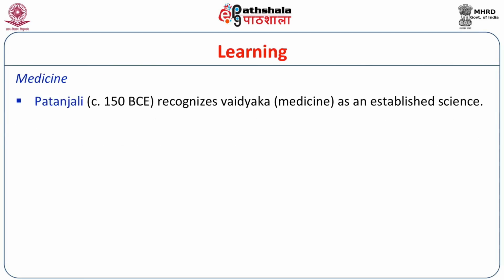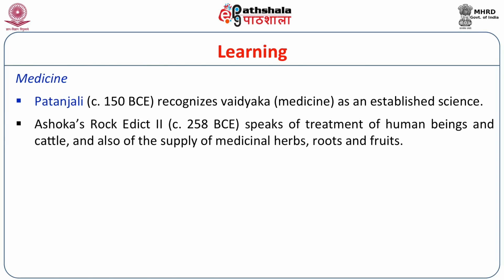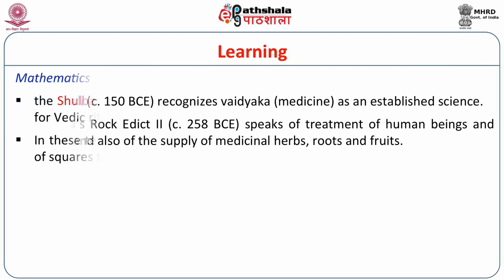In the domain of medicine, we have scanty references, but still we can talk about Patanjali, who mentioned the Vaidyakas as established practitioners. In Ashoka's Rock Edict 2, we have reference to treatment of human beings and cattle, and also discussions and descriptions of medicinal herbs.